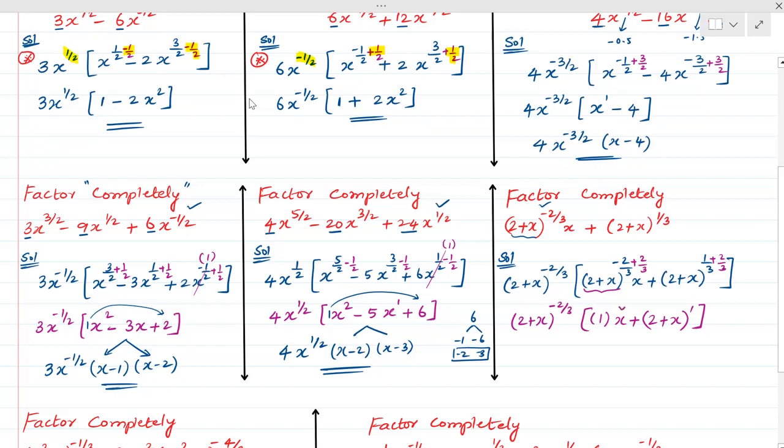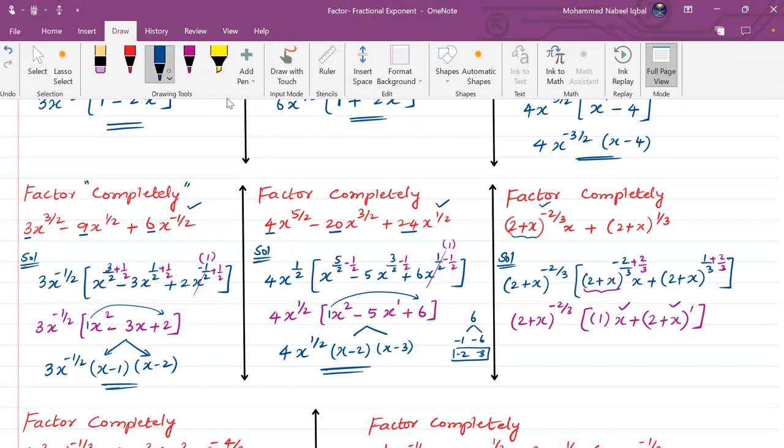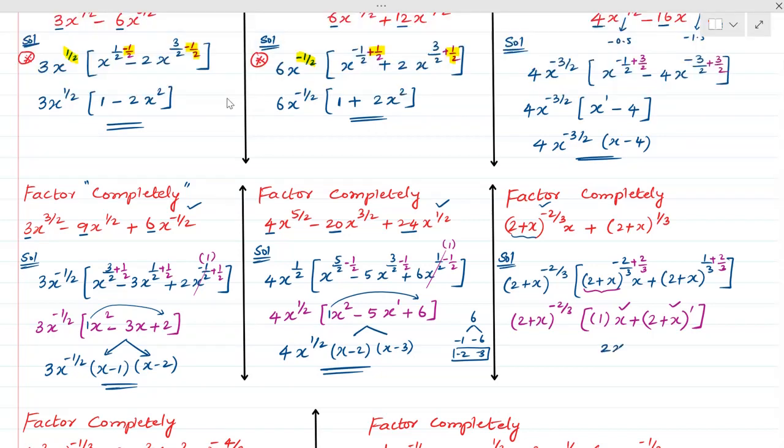So if you add it, what is the addition? So what is the simplification? x plus x equals 2x plus 2, which can be further simplified by taking 2 as a common factor. So you will have 2x plus 1. So this is the complete factoring. This is the meaning of complete factoring.